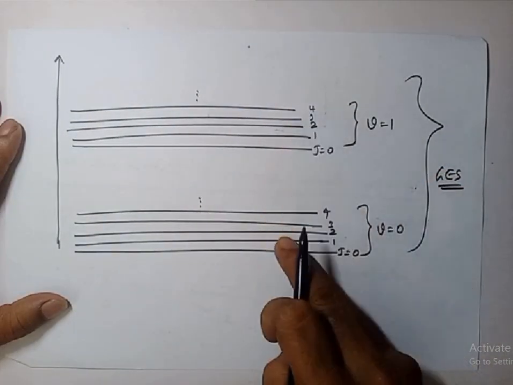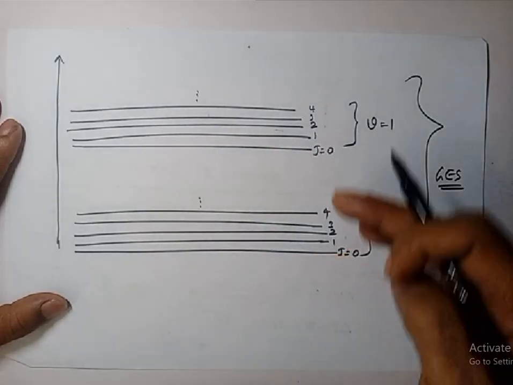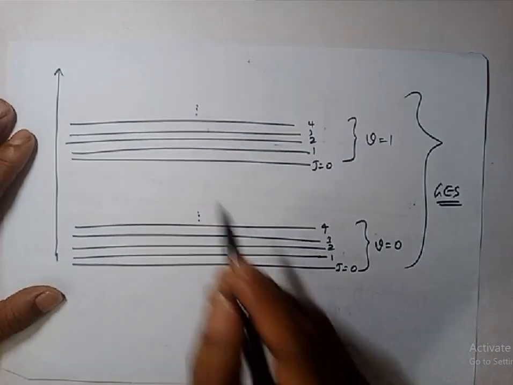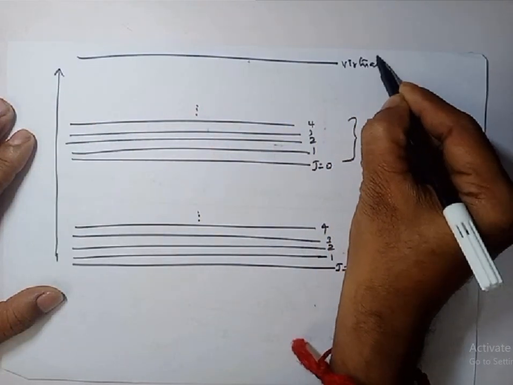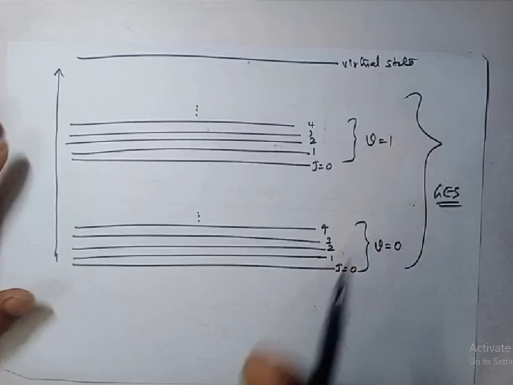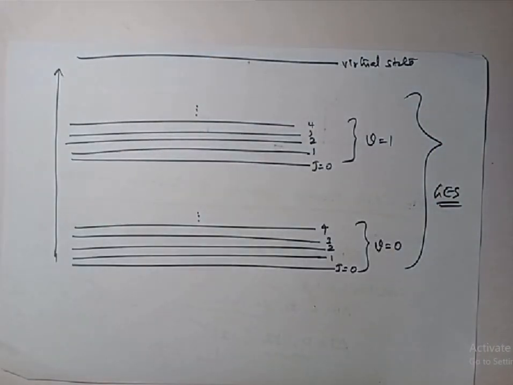But now we are focusing on the transition between 0 and 1, called the fundamental transition. And here I have what is called the virtual state. The virtual state appears only when the molecule is exposed to light.